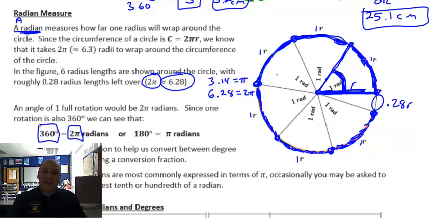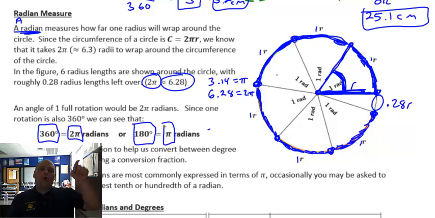And if you just cut that in half, what's half of 360? Half of 360 is 180, and half of 2 pi is just 1 pi. So what we get from this little activity, and that's only one circle, but it works with all circles, is that when you go all the way around the circle, it's 360 degrees, which we already know, and it's 2 pi radians, about 6.28 radians.